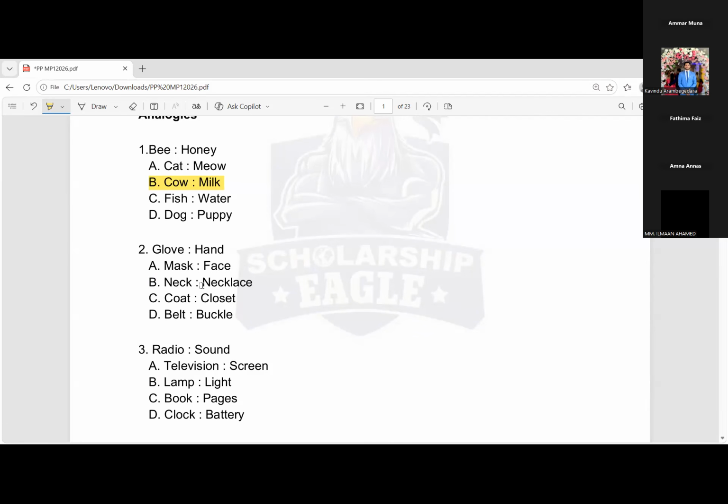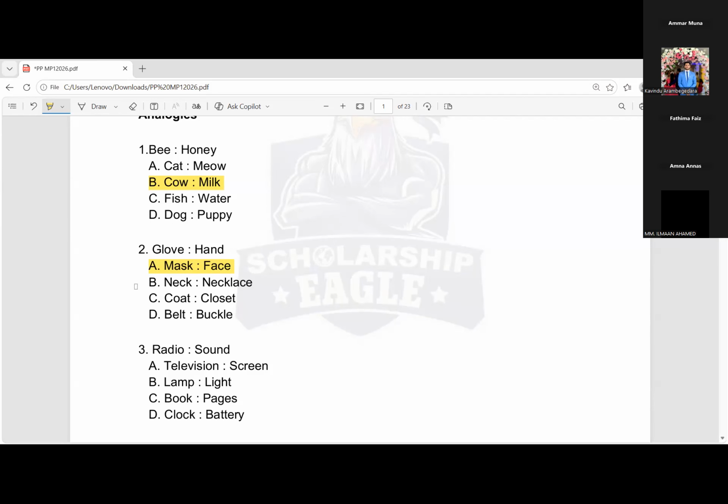Okay, but here you can get a confusion seeing neck and necklace. But see, in the example they have given, they gave the object first and then the body part. So here the body part is first and then the object is next. So the answer is clear. A is the answer.